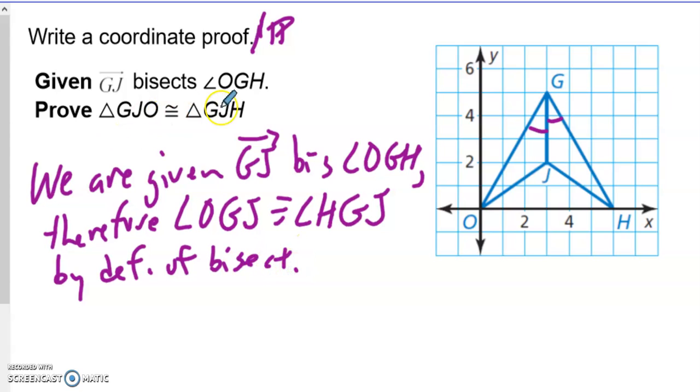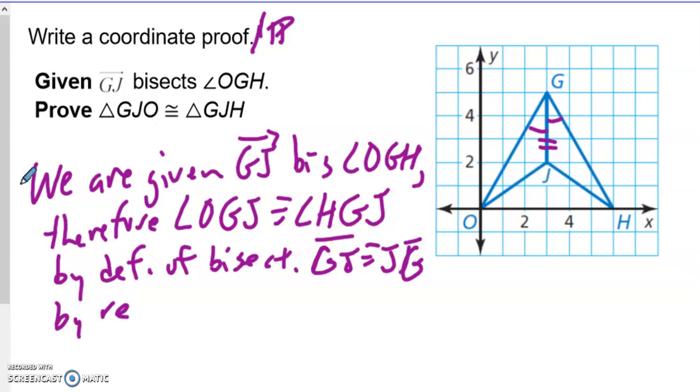So that gives us an angle. Now what else can we get? Well, taking a look here, hopefully you see that GJ is going to be congruent to itself. So GJ is going to be congruent to JG by the reflexive property.